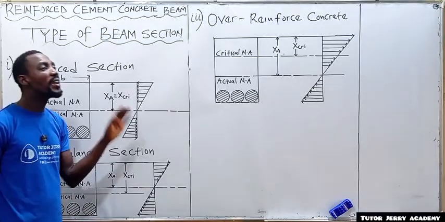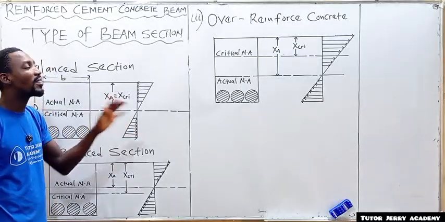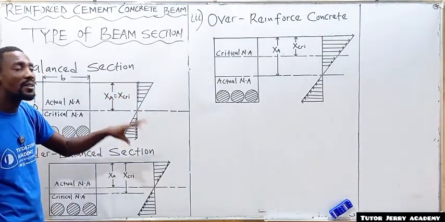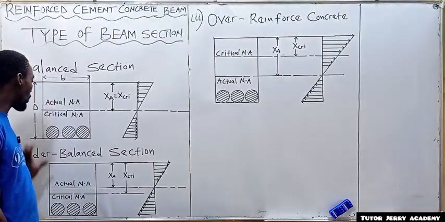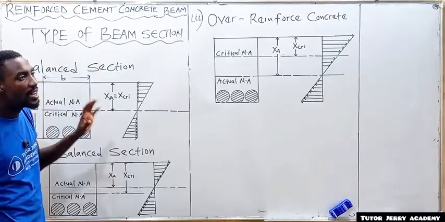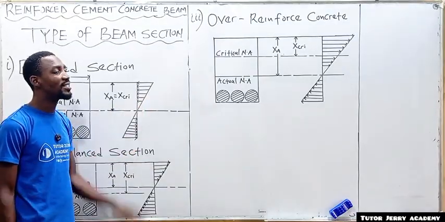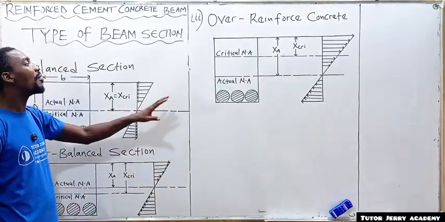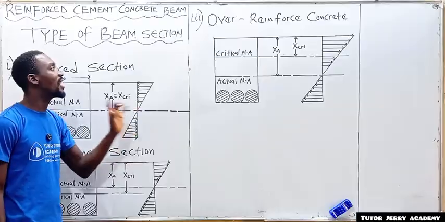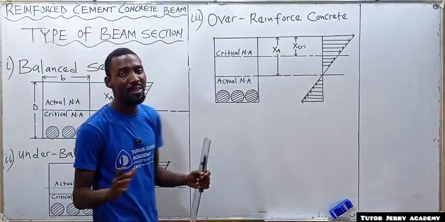And the failure of concrete occurs prior to that of the steel. Is that clear? The failure of concrete occurs prior to the failure of steel. That is another thing you need to understand. And this kind of failure is also known as brittle failure. So these are the major points that you need to note under types of beam section.